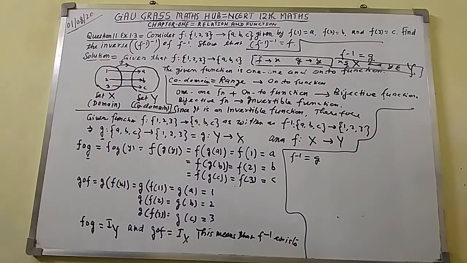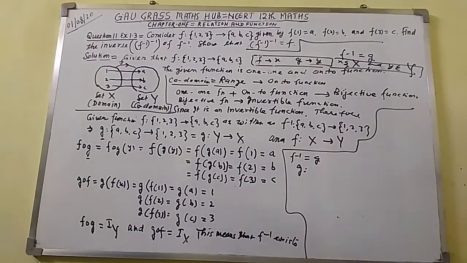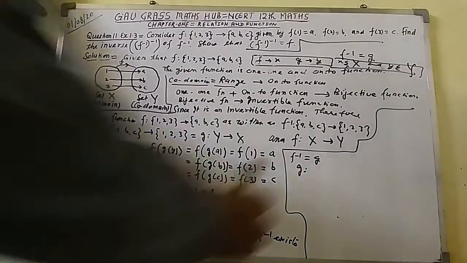The F inverse is equal to G. So what to write here? The value of G, what will it be?